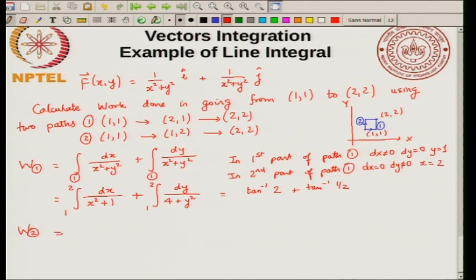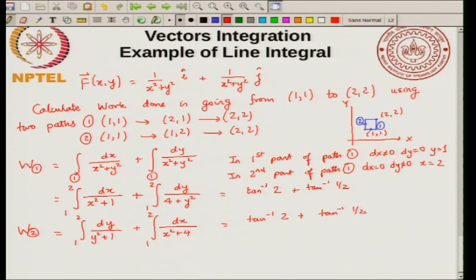In the first part dx is 0, only dy is changing. So, what you will get is the integral of dy over y square plus 1 from 1 to 2 plus dx over x square plus 4 from 1 to 2. And again this is the same, tan inverse of 2 plus tan inverse of half.